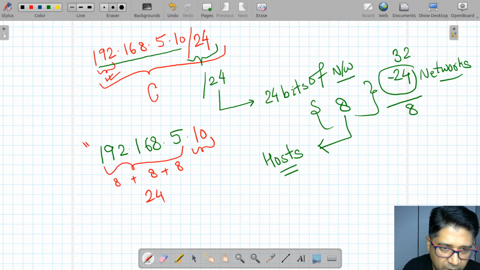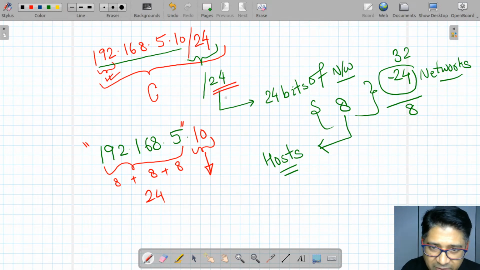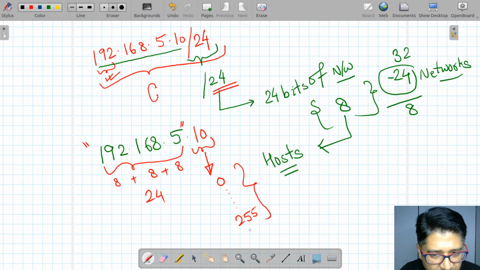This part belongs to the network, which means you can't change it. Only the last part is variable. The 24 bits are fixed and belong to the network, and the 8 bits will vary, from 0 to 255, any number. Is the /24 meaning clear?